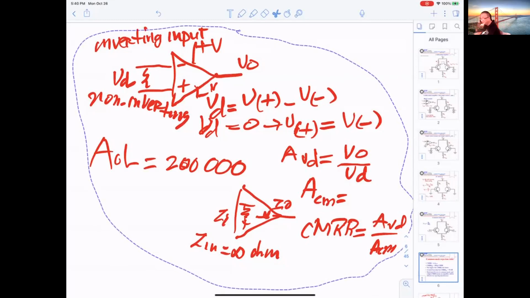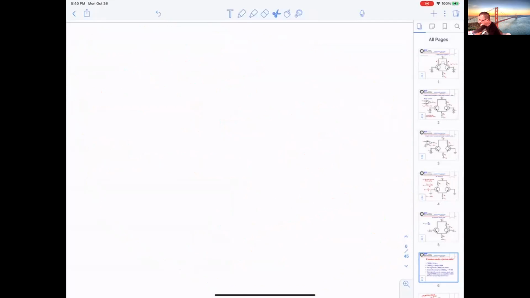So also, CMRR you can calculate in dB using 20 log.